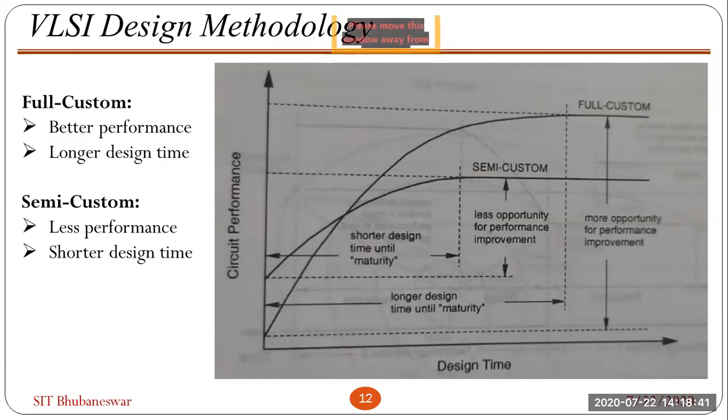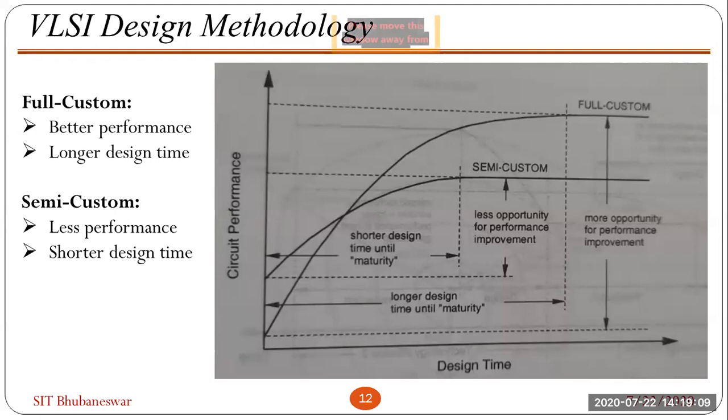And in layout also, everything you will do manually. It's a manual process. From top to bottom to top, everything you have to do by hand, and you have to check whether its performance is better or worse. You will change that. So the completely analog part is the full custom. We'll get better performance but a longer design time, though it is manual.